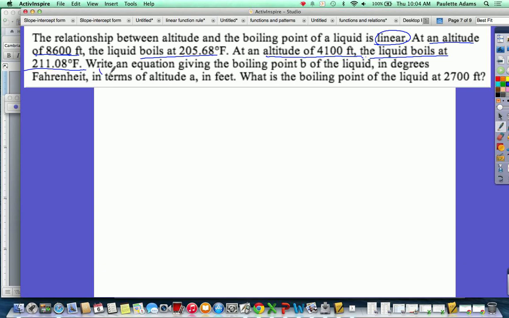We have to write an equation in terms of B and A. And then we got to find the boiling point of the liquid at 2,700 feet. It may be easier to see this information in a table.